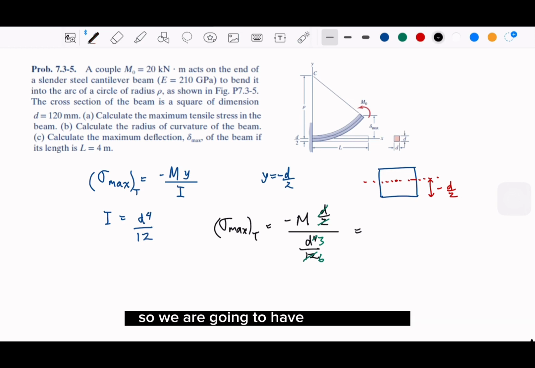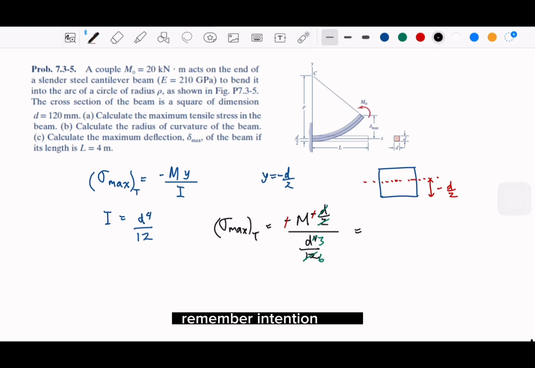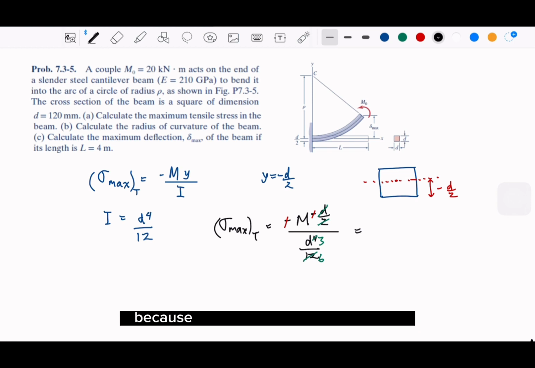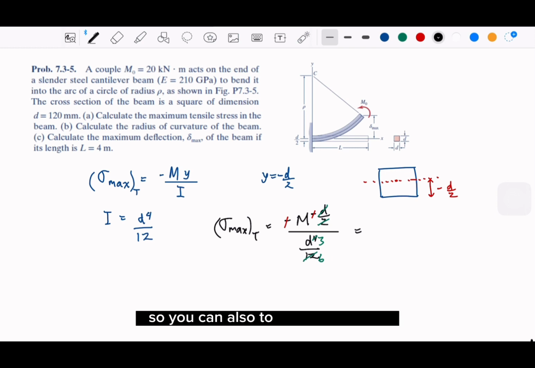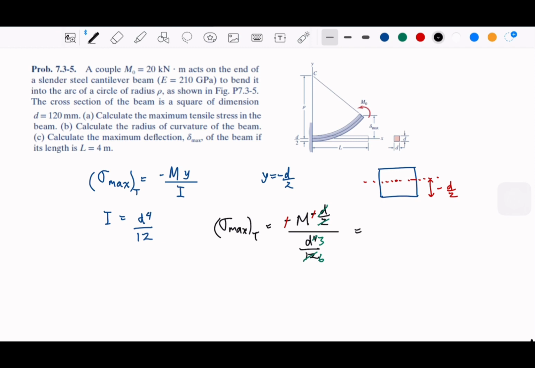So we have this negative, so we can cancel the negative sign and we get the positive. Remember, in tension, because of the position of the moment, the moment below is tension and the upper is compression. So you need also to think about compression and tension.